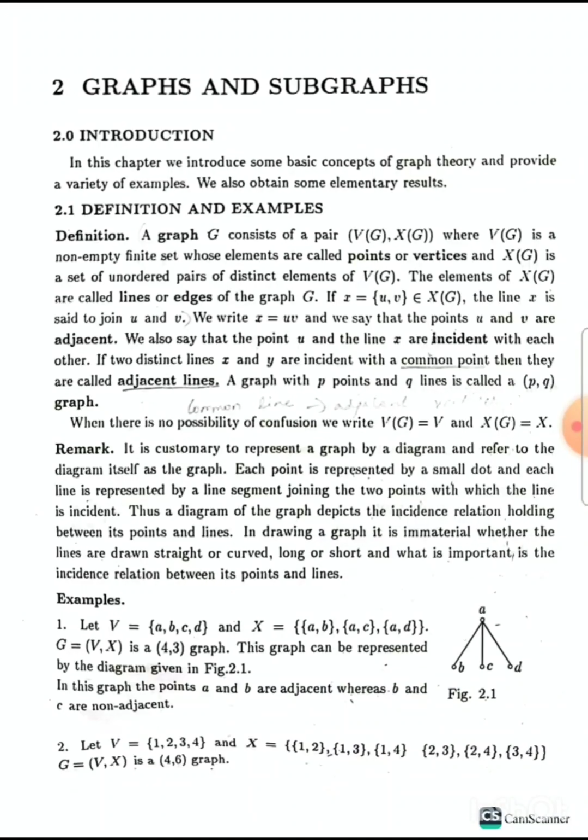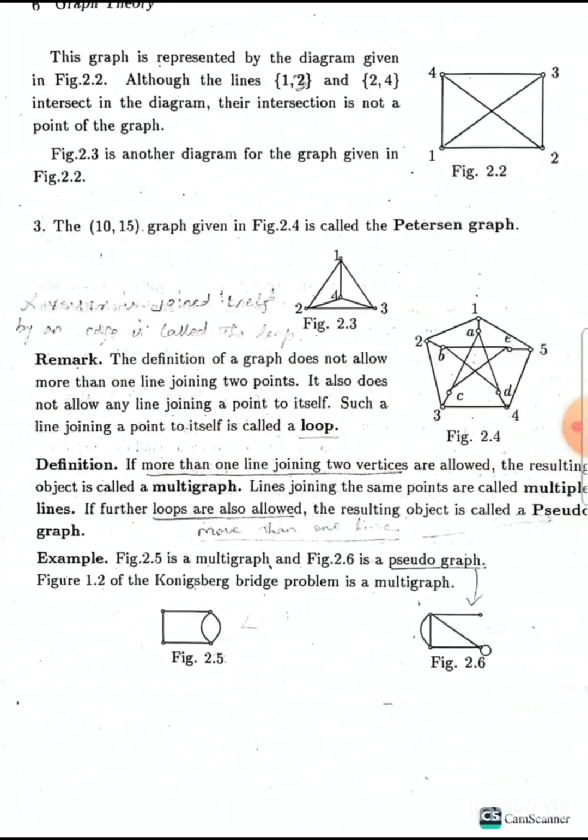And example 2. Let V be 4 vertices named 1, 2, 3, 4. And the edge set X is 12, 13, 14, 23, 24, 34. So the graph G equals V comma X is a (4, 6) graph, 4 vertices and 6 edges.